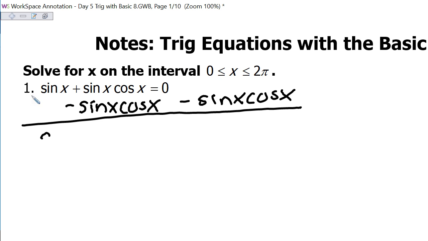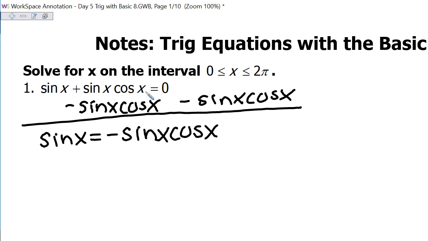So that leaves us with sine of x is equal to negative sine of x, cosine of x. Then once you have trigs on both sides, so we have a sine on the left and a sine on the right, what happens if I divide both of these by sine of x?